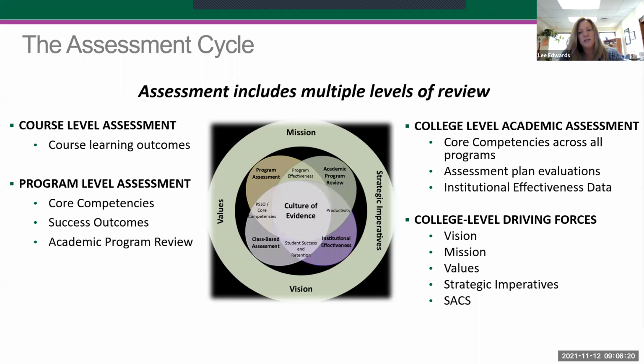What is driving a lot of this is the vision, the mission of the college, the values, and what we've put out there as our strategic imperatives. SACS is a big driver for all of this assessment. They're asking us to make sure that we cover all our bases.